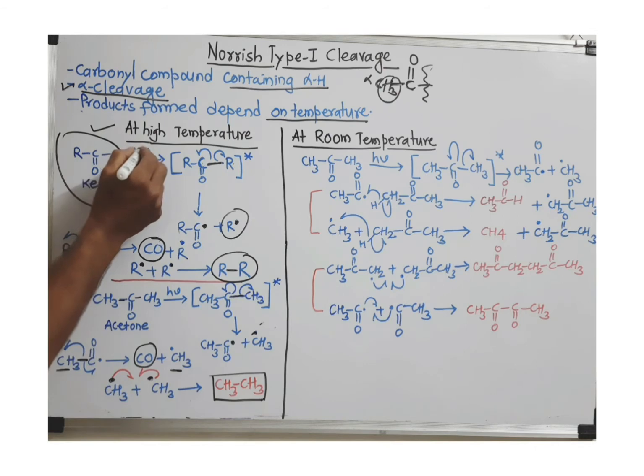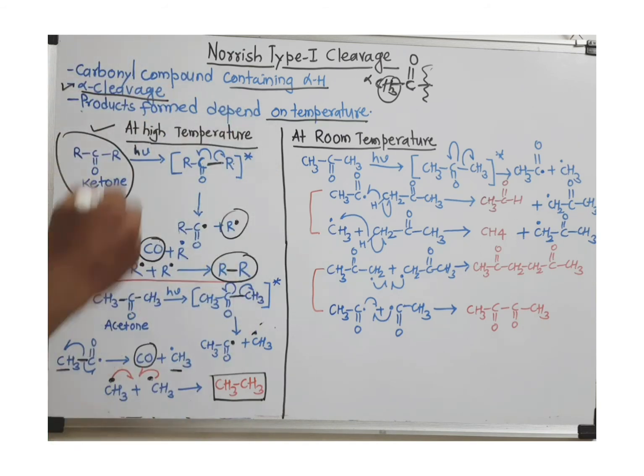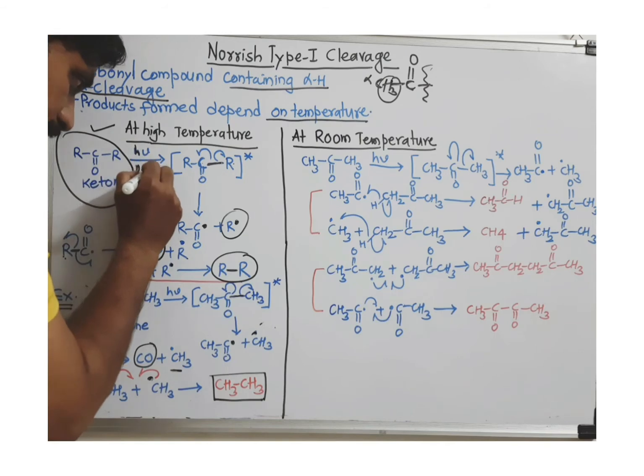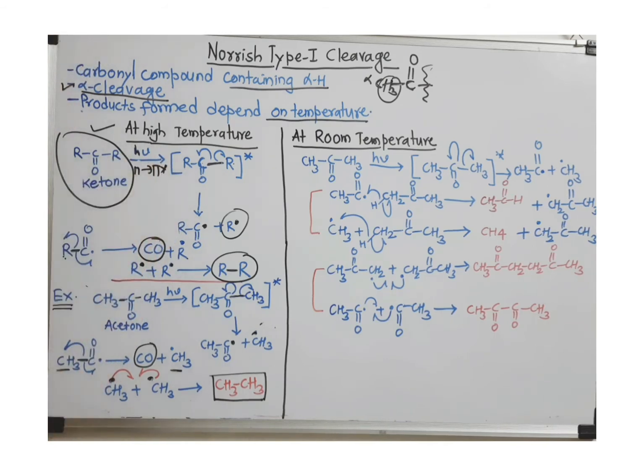Actually, I forgot to mention one thing. Usually these ketones absorb light from 230 to 330 nanometers, and then this reaction goes on, and there is always an n to pi star transition, which is a low energy transition.